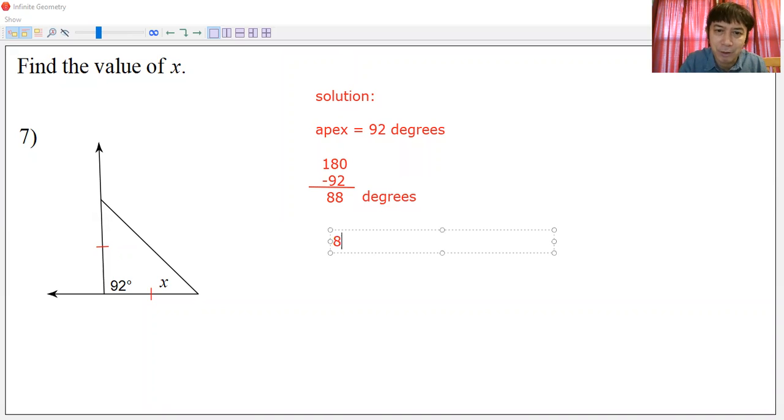So you have here 88, and you're going to divide it by 2. There. Okay, 88 divided by 2 is 44. Okay, so we're going to get a 44 over here.